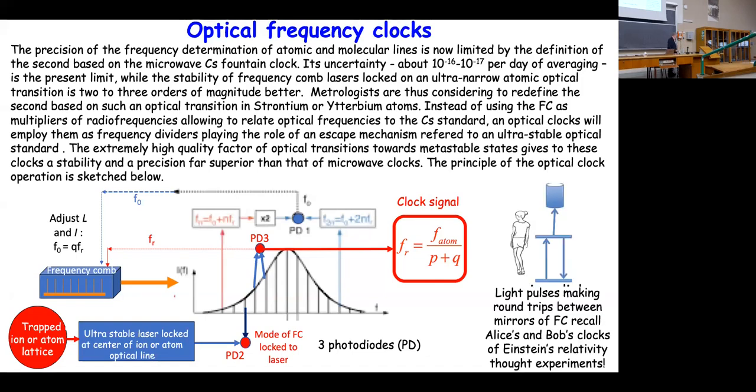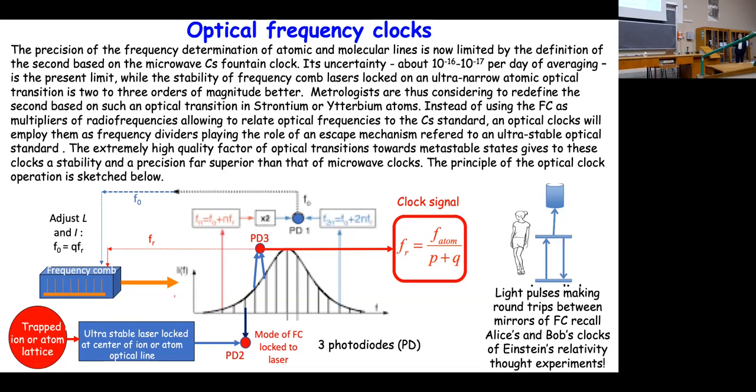What I also want to stress is that this kind of laser, the frequency comb laser, is a laser in which pulses of light are going back and forth between the mirrors. And this is exactly the kind of clock that Einstein imagined in his thought experiments, you remember, when he described the dilation of time in special relativity.